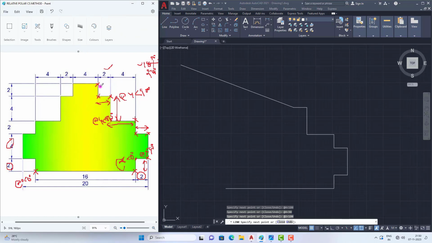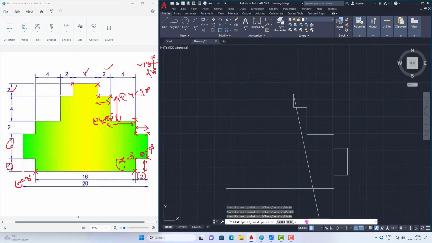I need to move up a distance of 2 in the corresponding angle 90. So @2<90. Then I need to move here with a distance of 4 in 180 degree. So @4<180 degree I need to move.